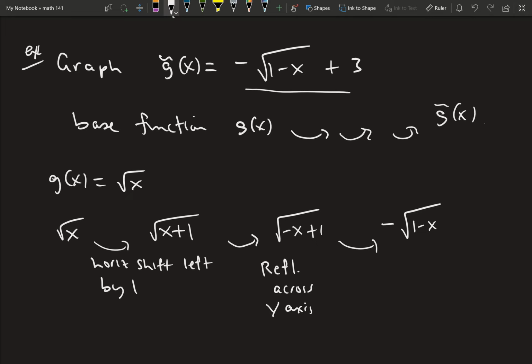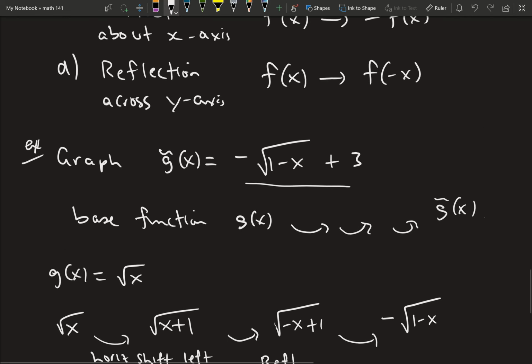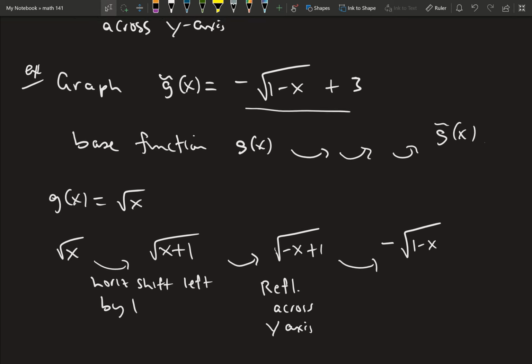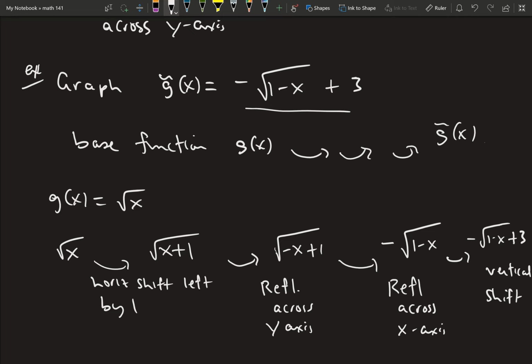From here, I'm negating the entire original function, so if this was the original, this is the negative of it. Hence, this is now a reflection across the x-axis. And then finally, I add 3, to get my final graph, which would vertically shift the previous graph up by 3.